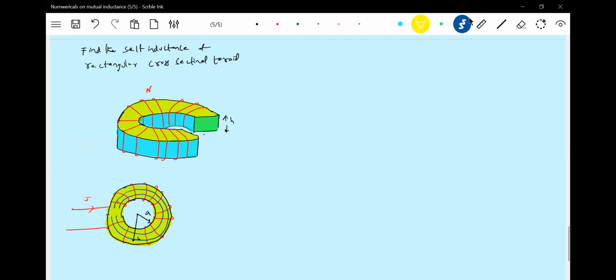Yeah, carry on now. So the lines of force will be in this direction. What is the expression for B bar? First of all, B bar. Anybody?